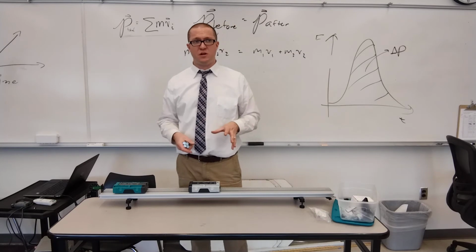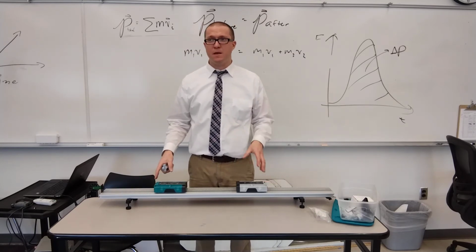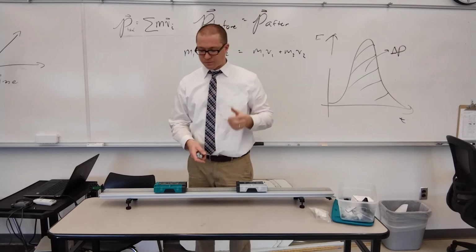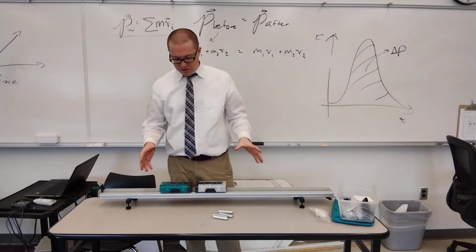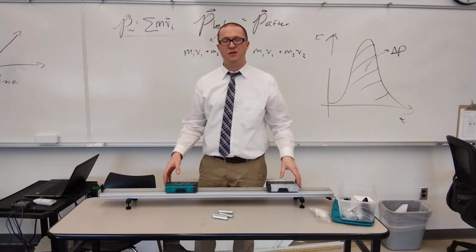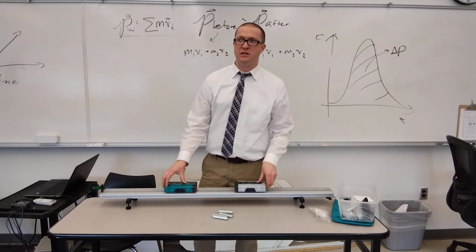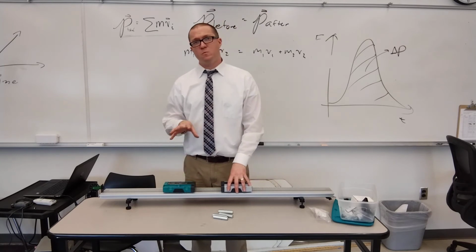None of the collisions we do in class are elastic. It comes close, right, because they're magnets, but there's still always an energy loss. Sometimes people call these elastic because they bounce off each other. That's not really accurate. The only way to tell something's elastic is if the total kinetic energy is conserved.